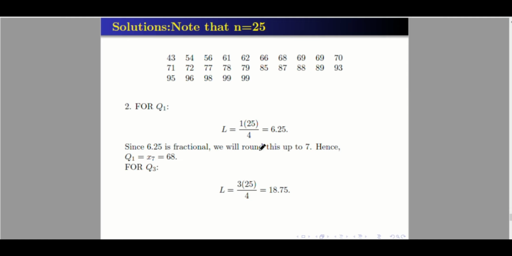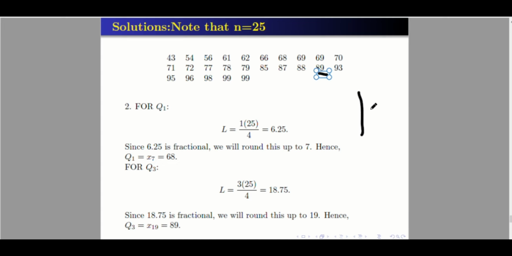Now Q3. I have 18.75, fractional, so round this up to 19. So the 19th data is 89. How do we interpret this? So Q1, Q2, Q3.